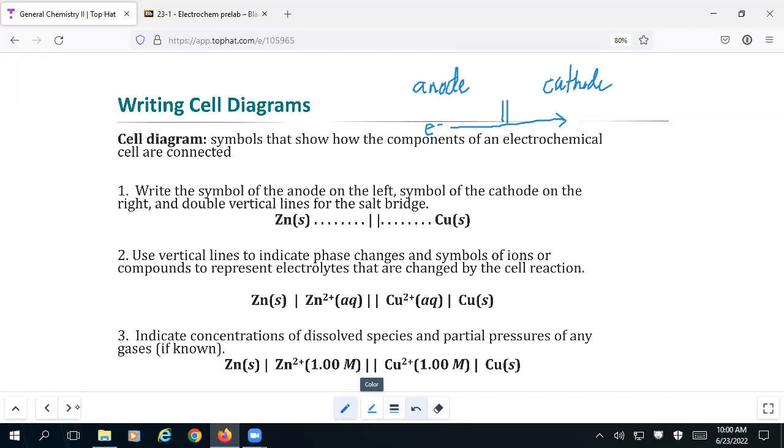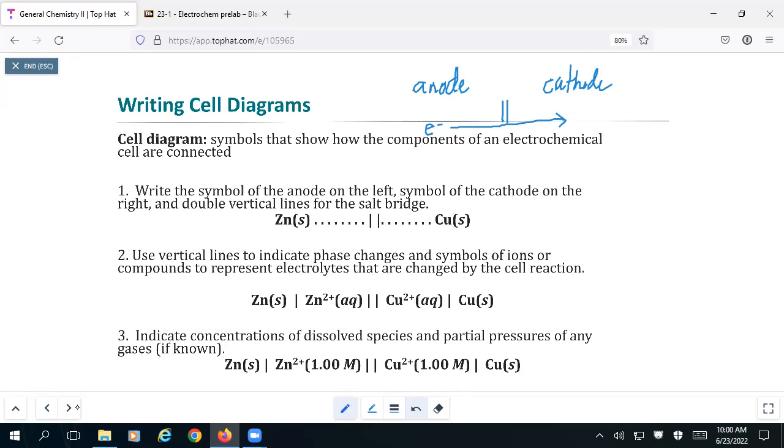And so we always will start with the electrodes themselves, the composition of the electrodes. In this case, we would have zinc as the electrode for the zinc cell, and copper is the electrode for the copper cell. We can depict the electrode with a single vertical line.